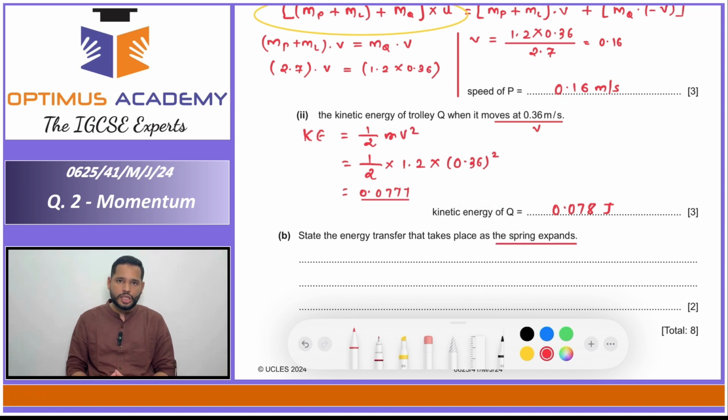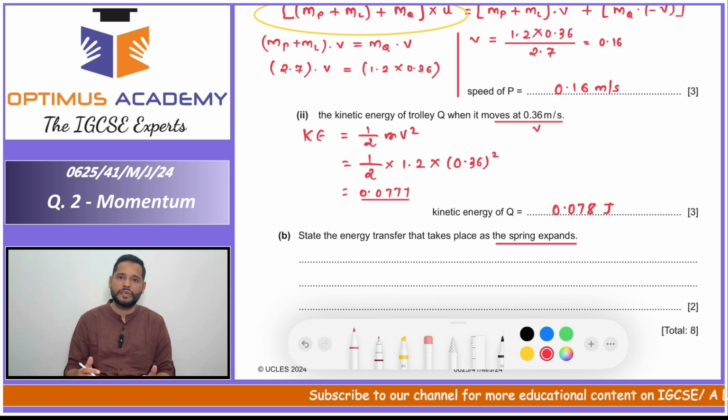The next question is, state the energy transfer that takes place as the spring expands. So when the spring is initially compressed, we know that the spring is going to have elastic potential energy. And as the spring expands, its elastic potential energy will decrease and the same elastic potential energy is given to the trolleys in the form of kinetic energy.